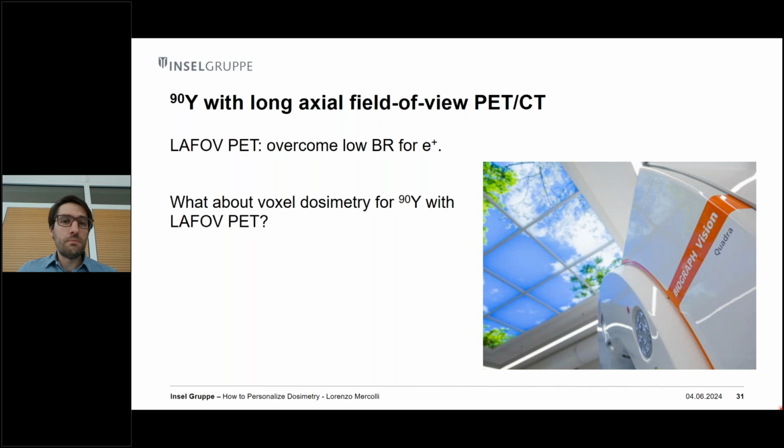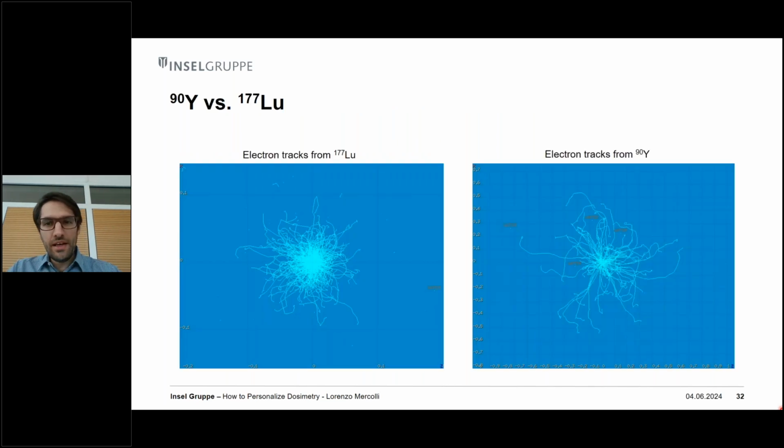So it begs the question, can we do nice voxel dosimetry with yttrium-90 when we do an image with long axial field of view PET-CT? So this is what we did, we tried.